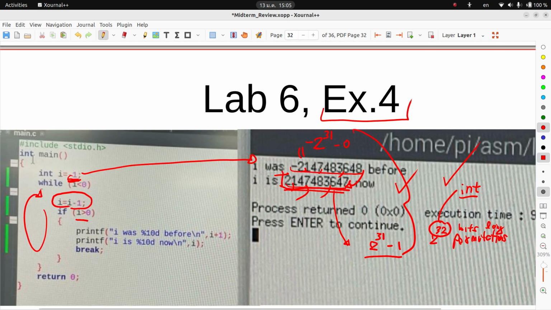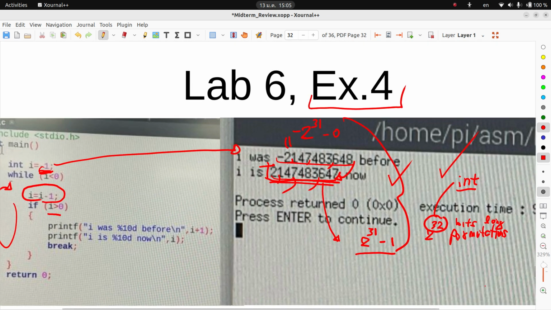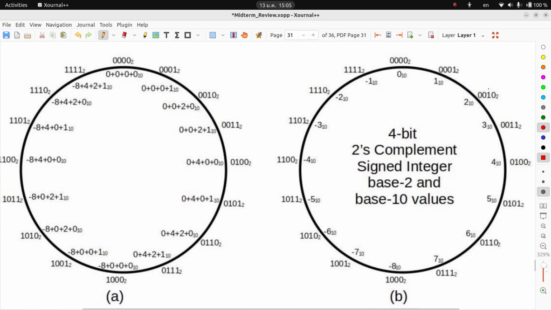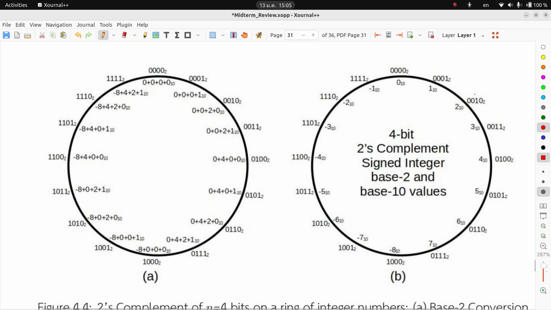Okay? Just like this figure. Because this is the boundary. We keep subtracting from minus 1 to minus 2, minus 3, minus 4, minus 5, minus 6, minus 7, minus 8.